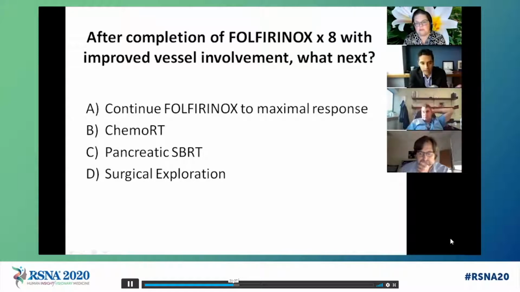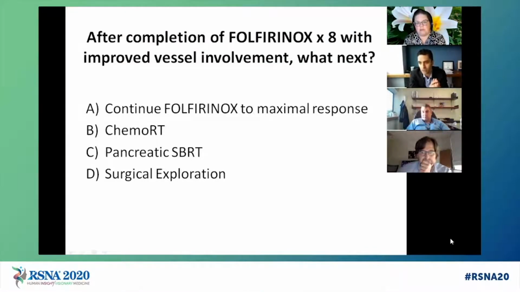So we tend to defer to chemoradiation for those patients that still have persistent vascular involvement, especially if the surgeon's very concerned. For patients that may have just a wisp and it's really not a concern, but let's just have extra insurance, sometimes we'll do SBRT.